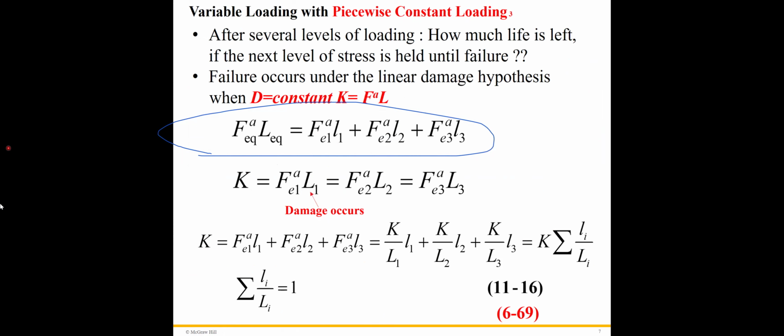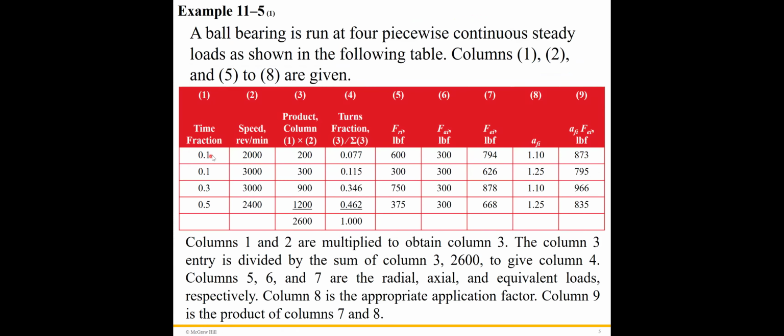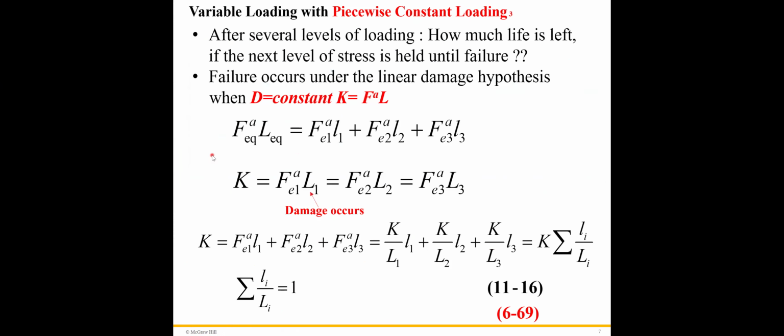Okay, so for the next case, the variable loading with the piecewise constant load. After several levels of loading, how much life is left if the next level of stress is held till failure?